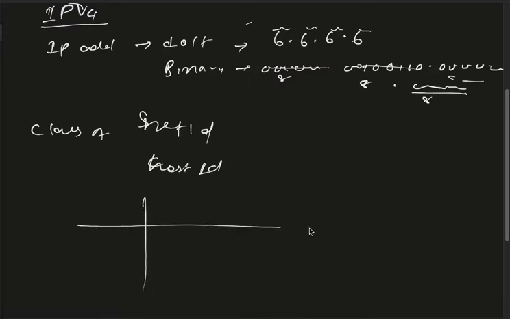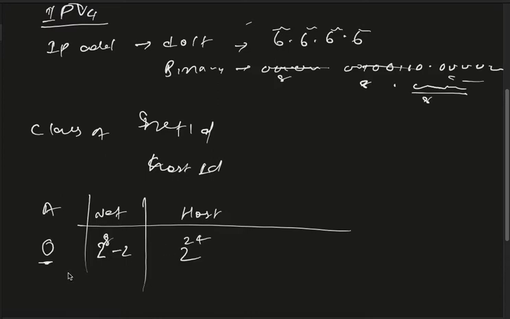This is a comparison of host ID and network ID and identification. The identification for class A is that the first bit is 0, and the net ID is 8 bits and the host ID is 24 bits, minus 2. Class B starts with 1 0, with 16 bits. Class C starts with 1 1 0.